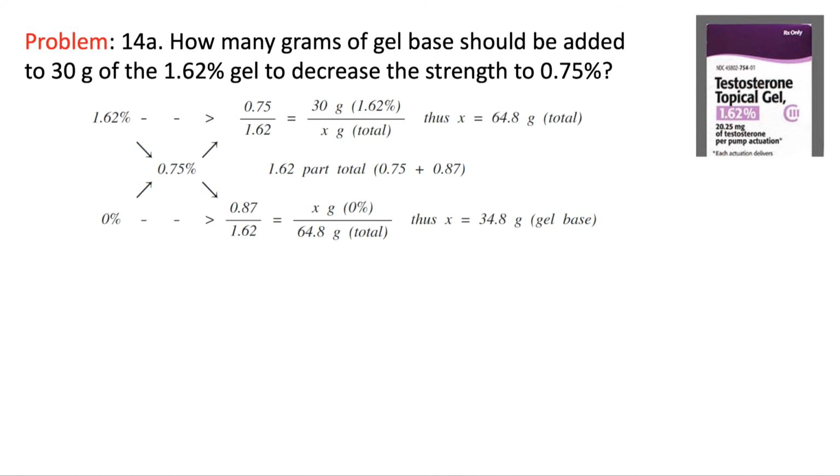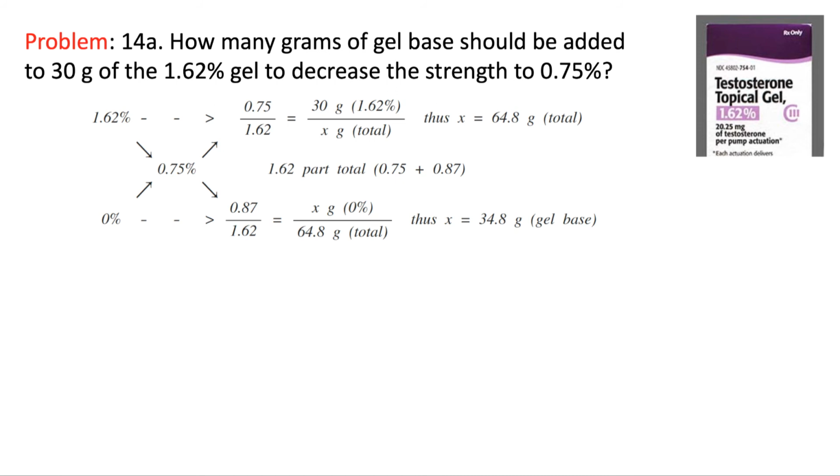Now when I solve for x, I determine that x equals 34.8 grams, and that represents the weight of the gel base that I would need to add to my 30 grams of 1.62% testosterone. Mix all of that together, and my final total would be 64.8 grams of a gel that has a concentration of 0.75%. So again, the answer to this question is that I need 34.8 grams of gel base.